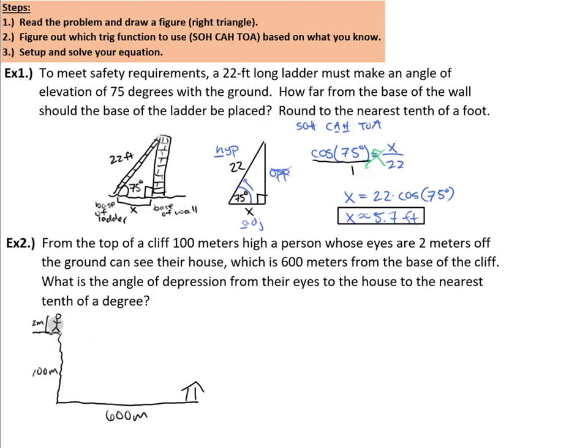What is the angle of depression from their eyes to the house to the nearest tenth of a degree? So from their eyes, remember, angle of depression is from parallel to the ground downwards. And so we'll say they're looking at right where this hits the ground, their house. So this angle is the angle of depression.